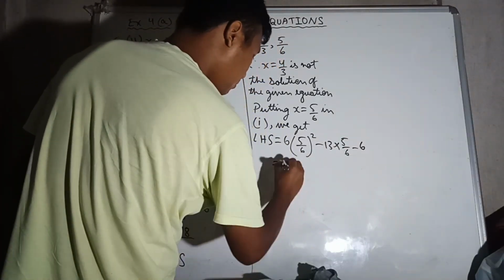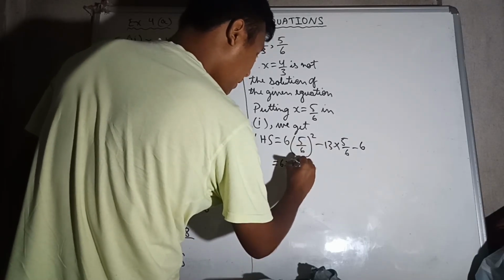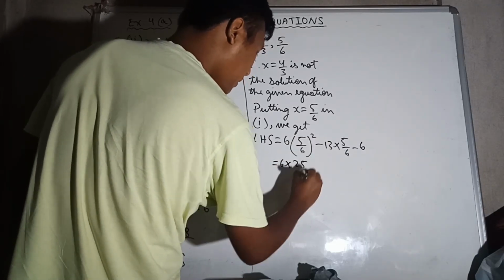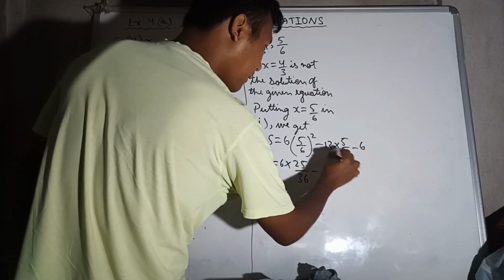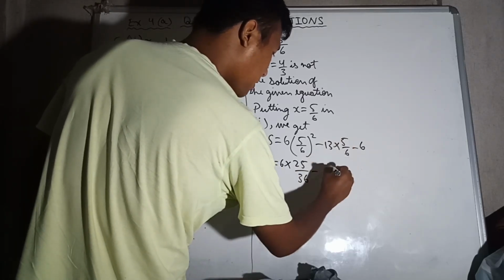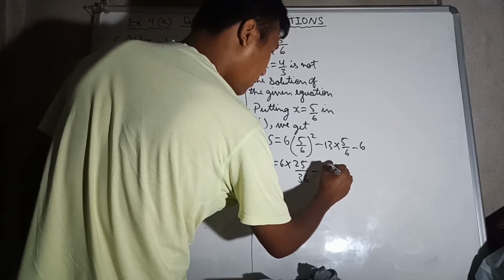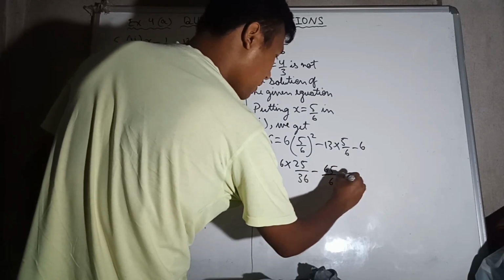So this is equal to 6 into 5 square, 25, over 6 square, 36, minus 13 into 5 over 6, minus 6.